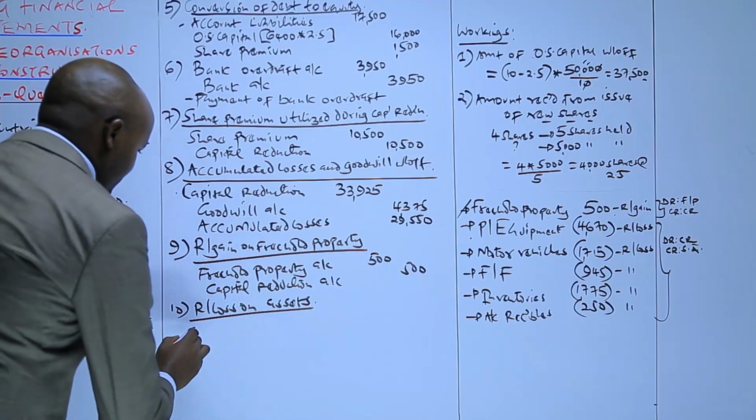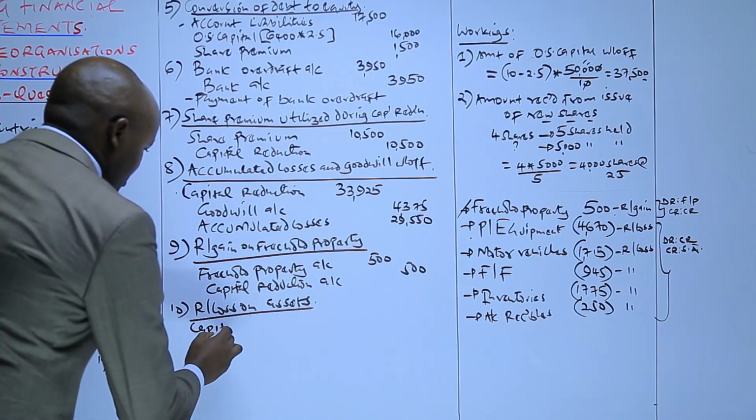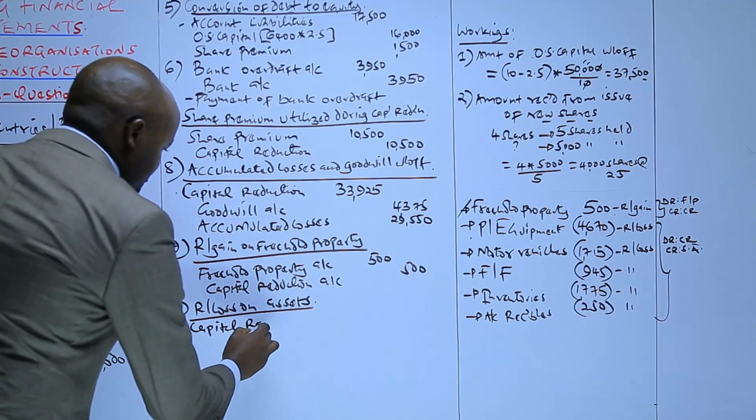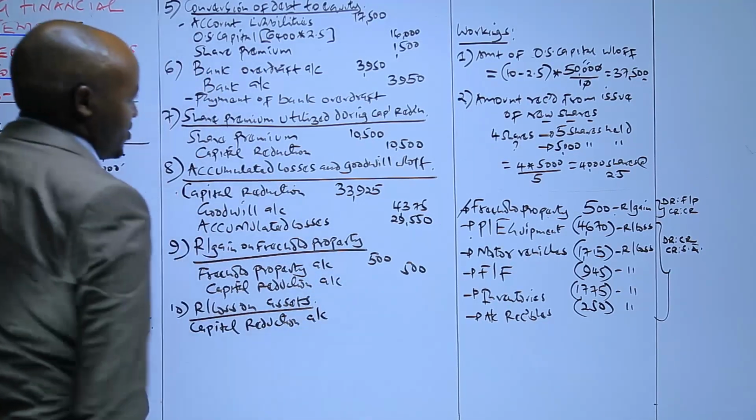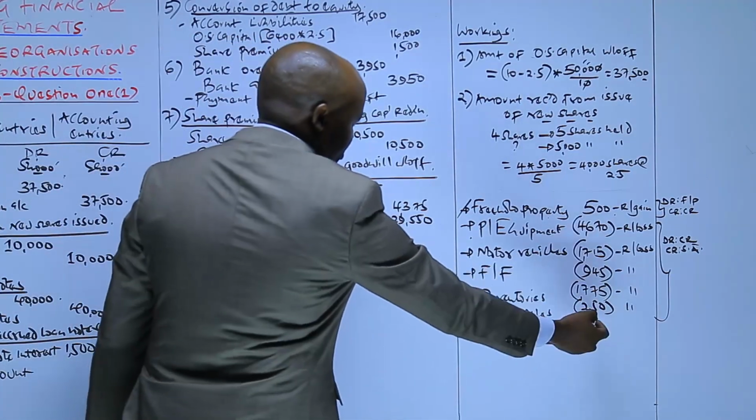The account to be debited is what we start with, and that is the capital reduction account. That account will be debited with the total amount.